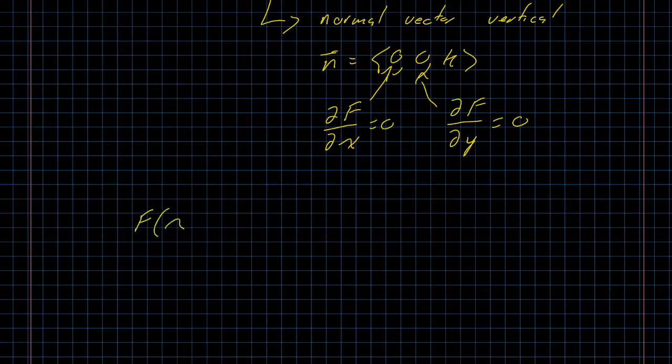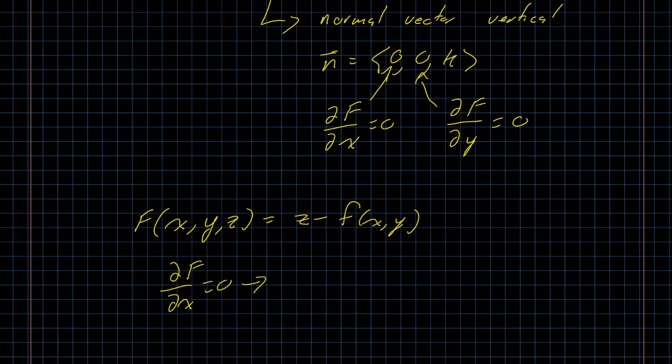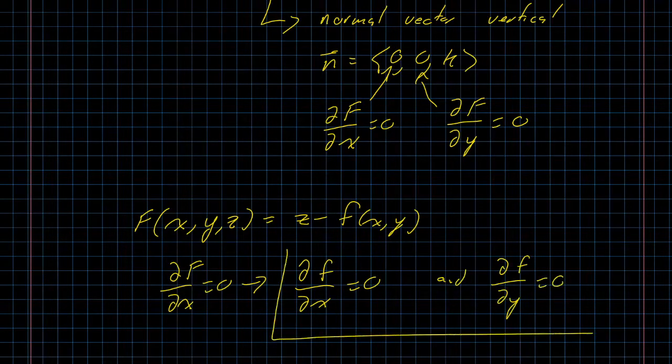And if we think back to writing big F of x, y, and z as z minus little f of x, y, and defining our surface as the level curve of the three-dimensional function when w is equal to 0, well, using the properties of partial derivatives, if partial F partial x equals 0, that implies that partial little f partial x is equal to 0, and similarly partial little f partial y is equal to 0.